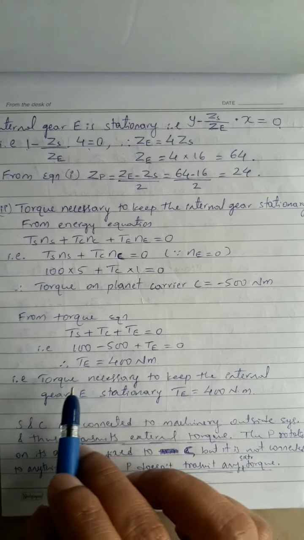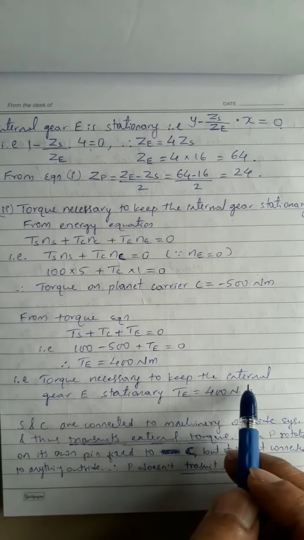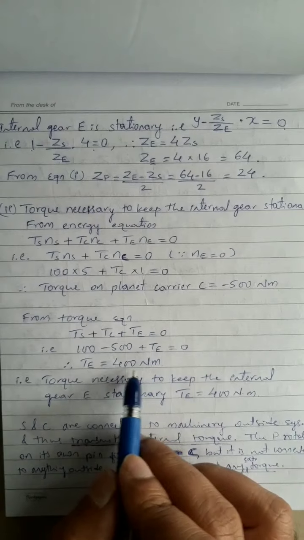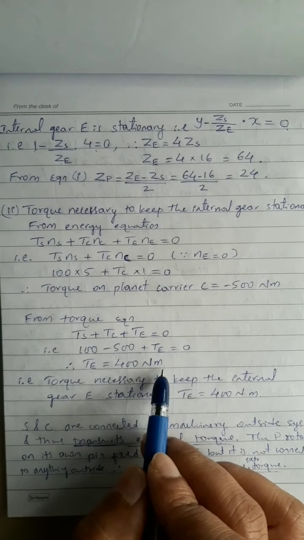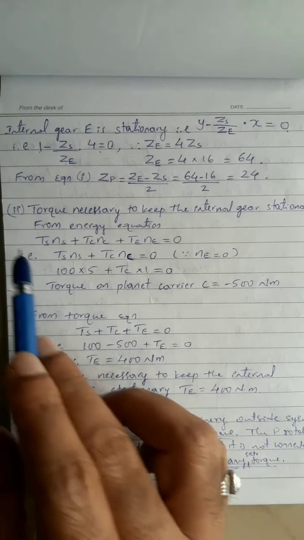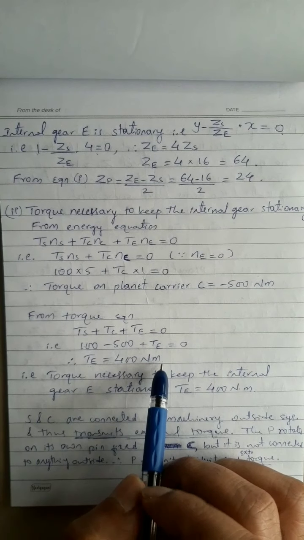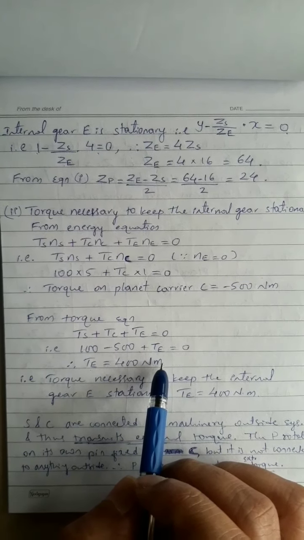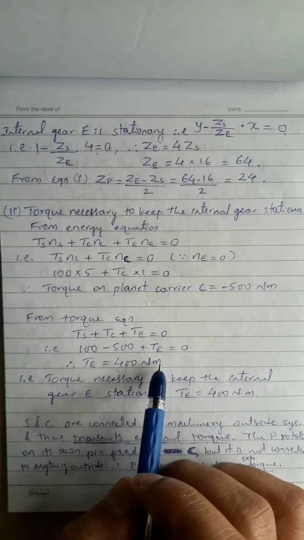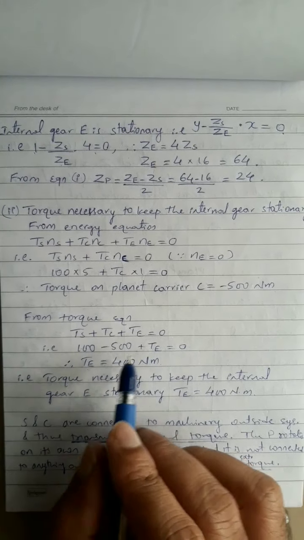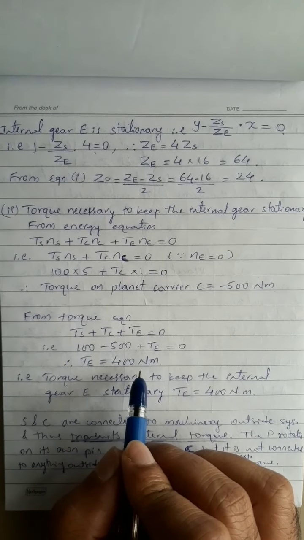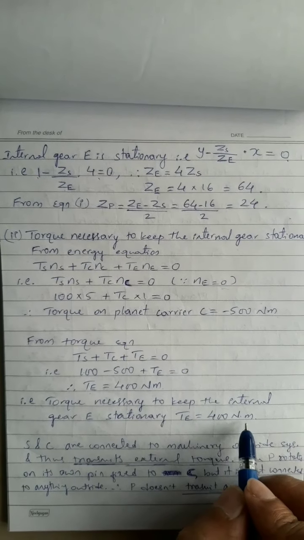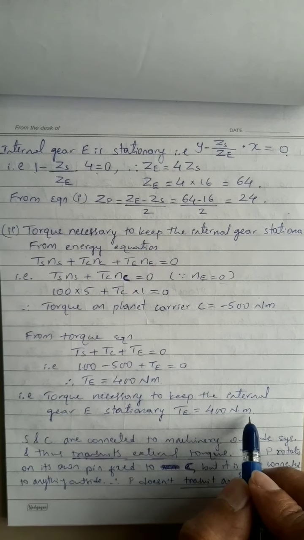That is, the torque necessary to keep the internal gear stationary is 400 Newton meter. So this is the solution for the second part of the question. So the torque required to keep the internal gear stationary is 400 Newton meter. So this is the solution for the given problem.